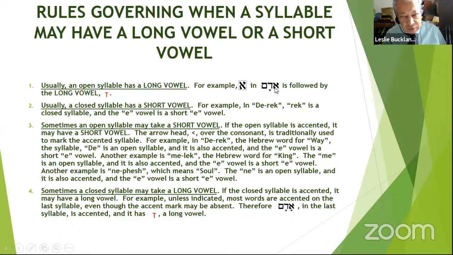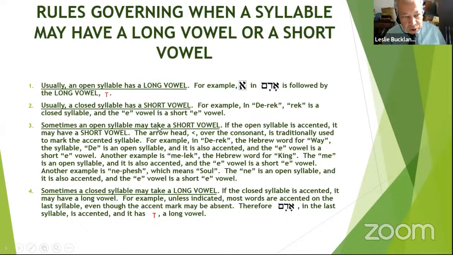If it didn't have an accent, then it would need to have a long vowel, like in atham. In atham, the accent is over the last syllable as usual. And this open syllable at the front, aleph plus qamets, is what you would expect because that's the general rule. An open syllable has a long vowel.